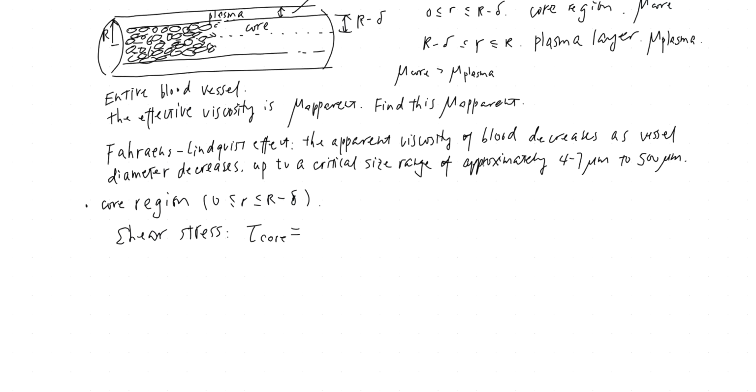We know that from a force balance, the stress for any type of fluid should equal minus R divided by 2L delta P. And on the other hand, since we approximate as a Newtonian fluid, this should equal the viscosity of the core region multiplied by the shear rate, dVz core dr, where Vz core is the velocity profile within the core.